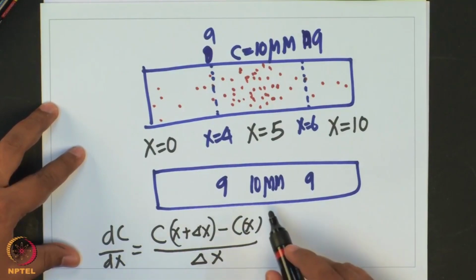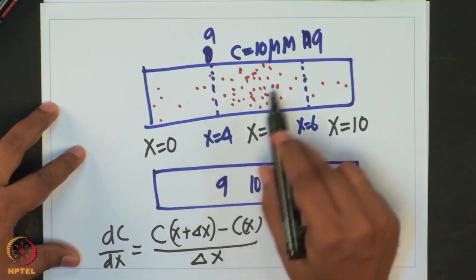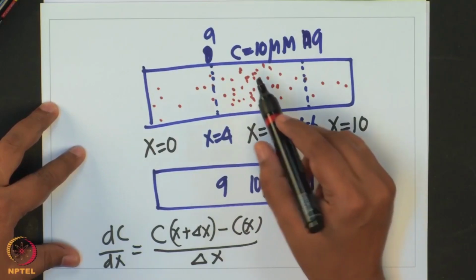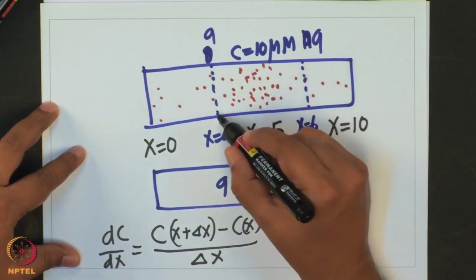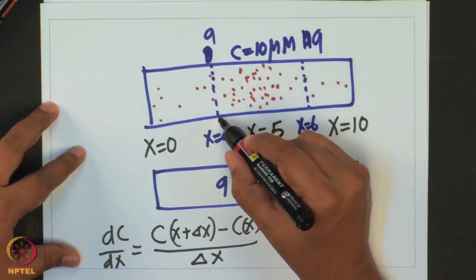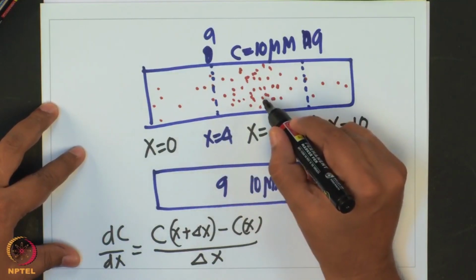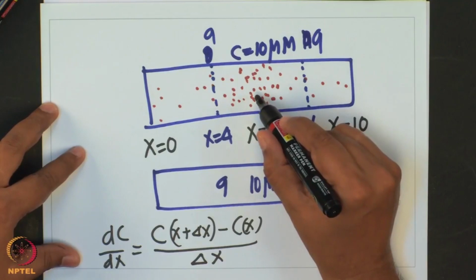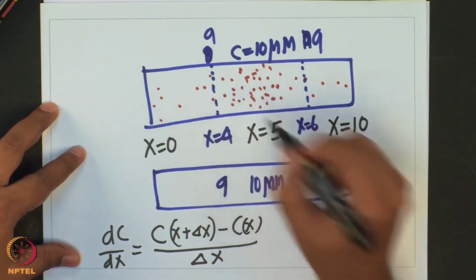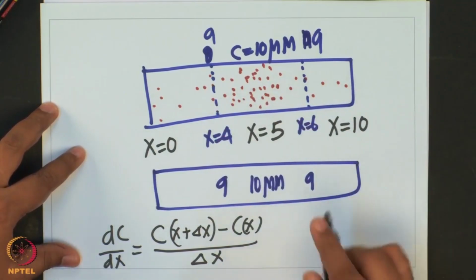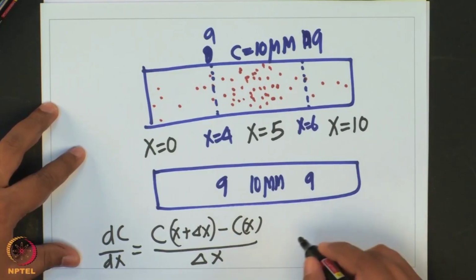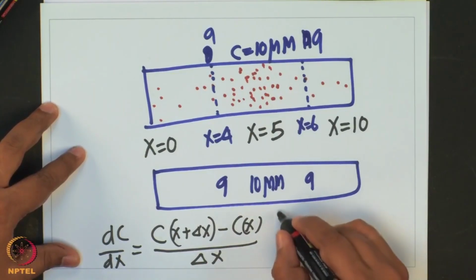So if I compute dC by dx between this and this, let us look at first the flow at 4. The flow at 4 would be concentration at 5 minus concentration at 4. So what are we going to calculate?